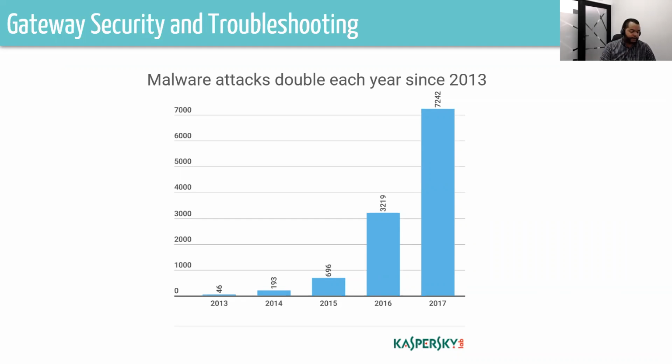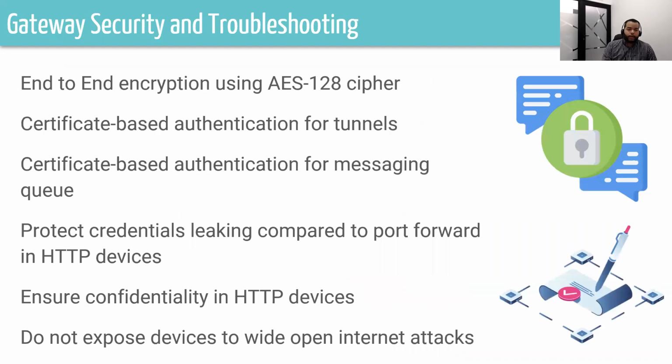Since this is happening, we have developed many security features inside the gateway. We do provide end-to-end encryption using AES 128 cipher between our appliance and our cloud. We use certificate-based authentication for tunnels. That means it has a digital signature on every tunnel.